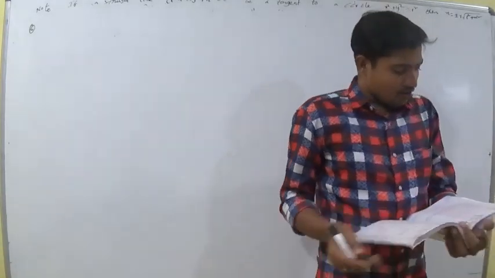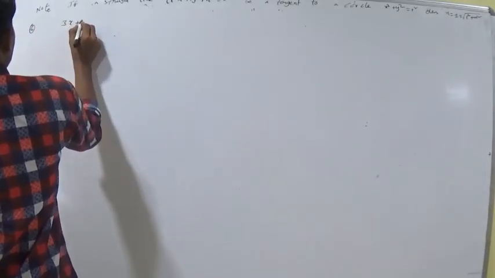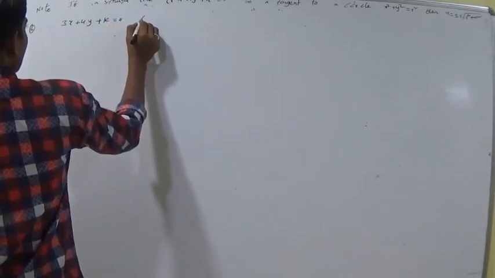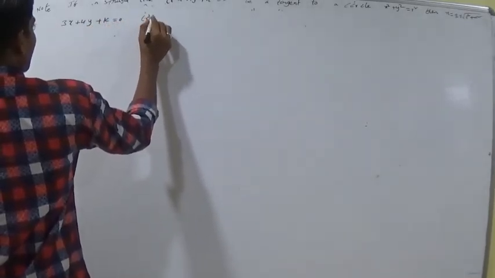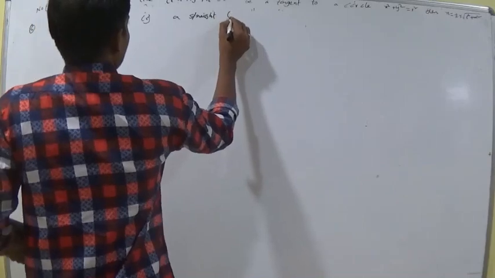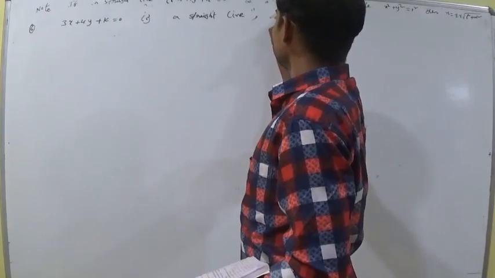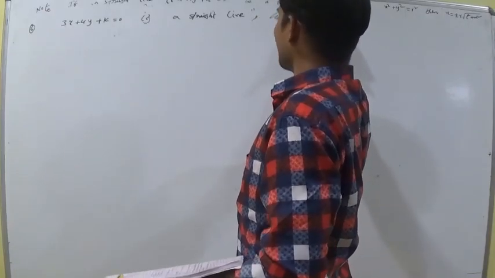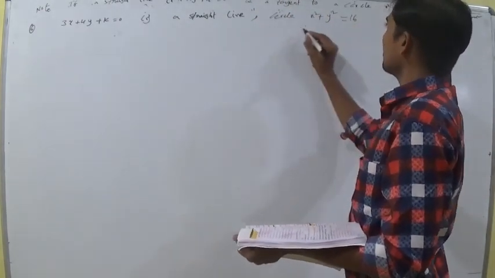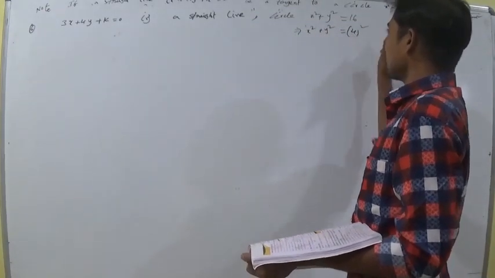So here the line equation is 3x plus 4y plus k equal to 0, a straight line, and the circle is x square plus y square equal to 16. This can be written as x square plus y square equal to 4 whole square, right?